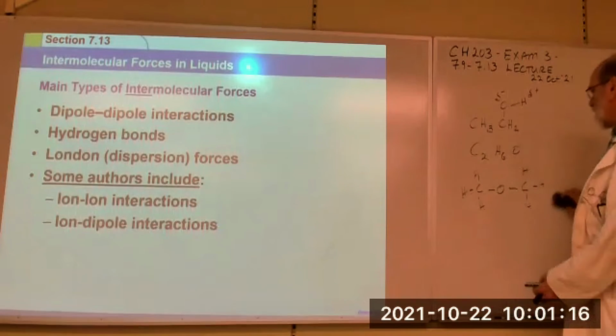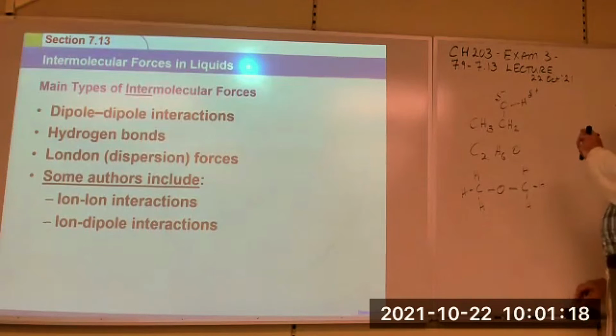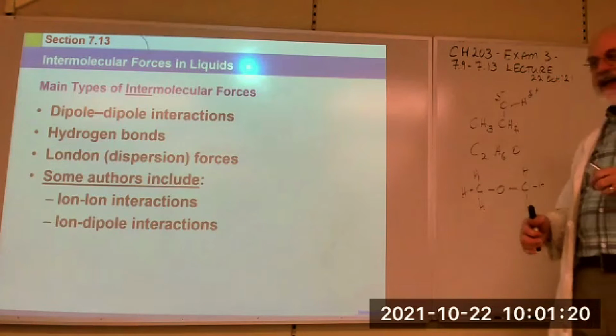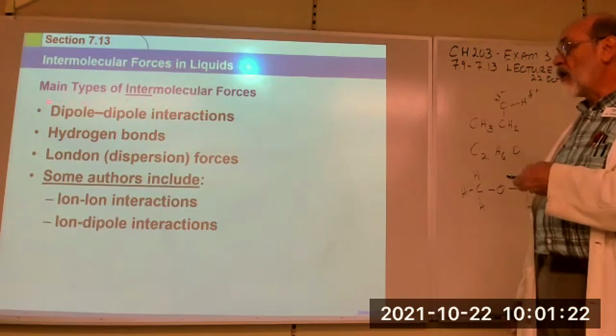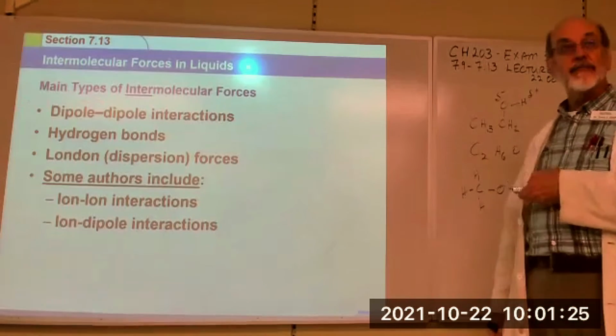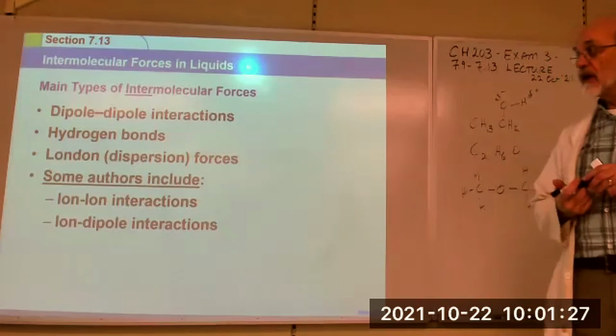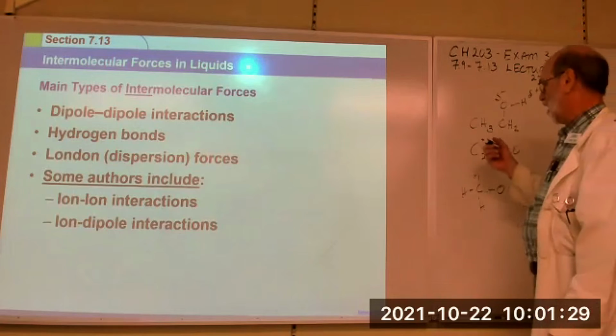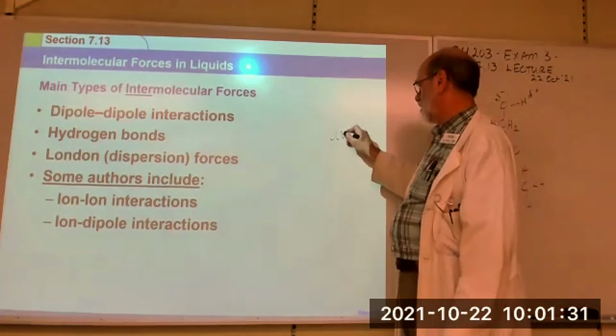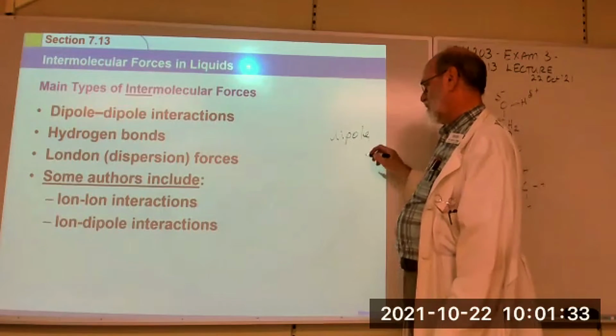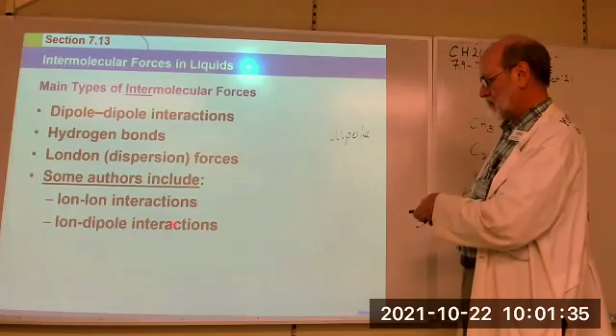So if you have a molecule that doesn't have access to these stronger intermolecular forces, like the dipole interactions. In fact, you can get a dipole-ion interaction. Oh, here it is.